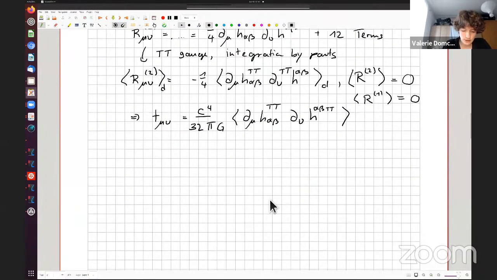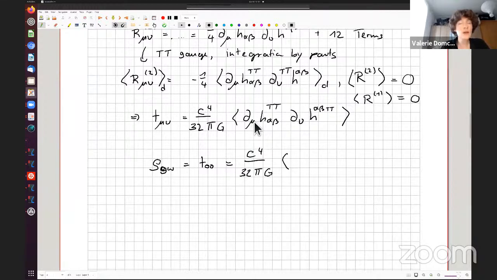And now what we really want to know is the energy in gravitational waves. So this is the T_00 component, just the 00 component of this guy.